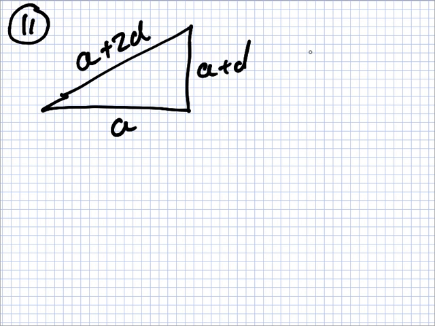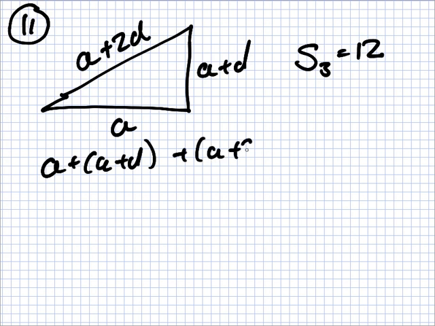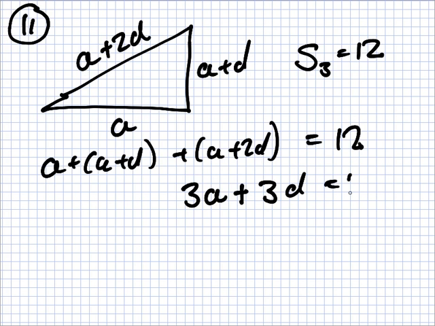So in other words, S3 is 12. So that means a plus a plus d plus a plus 2d should equal 12. So 3a plus 3d equals 12. So that means a plus d should equal 4.